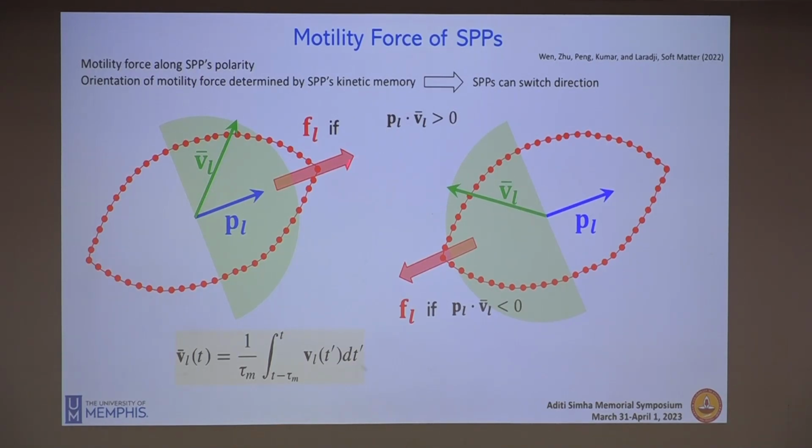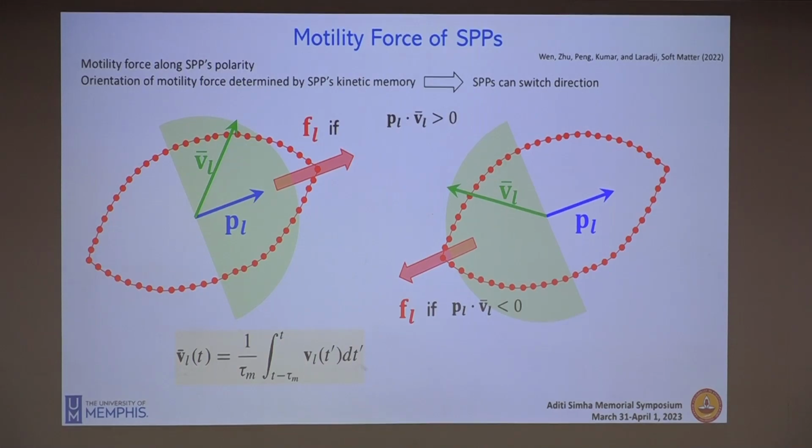To make these particles active, we have to have a motility force, and the motility force is along the polarity. The polarity itself is really not a vector, it's just a direction. So the direction of the force is determined by the angle between the historical velocity, a kind of memory of the particle, and the polarity. If the angle is smaller than pi over 2, then the motility force is in this direction, otherwise it's in the opposite direction.